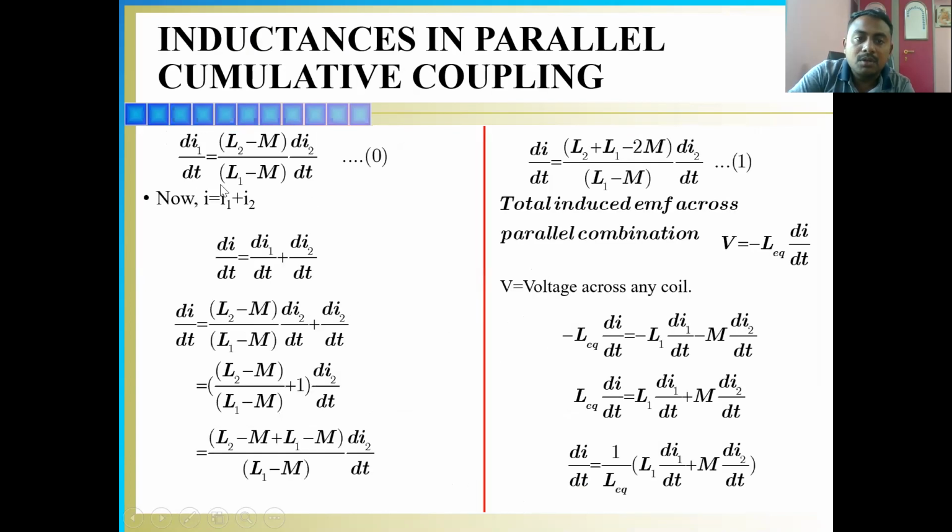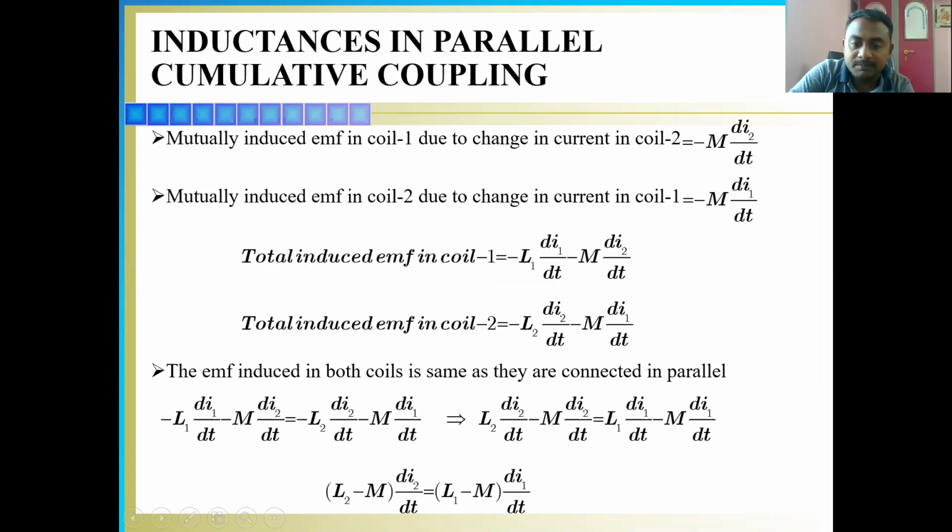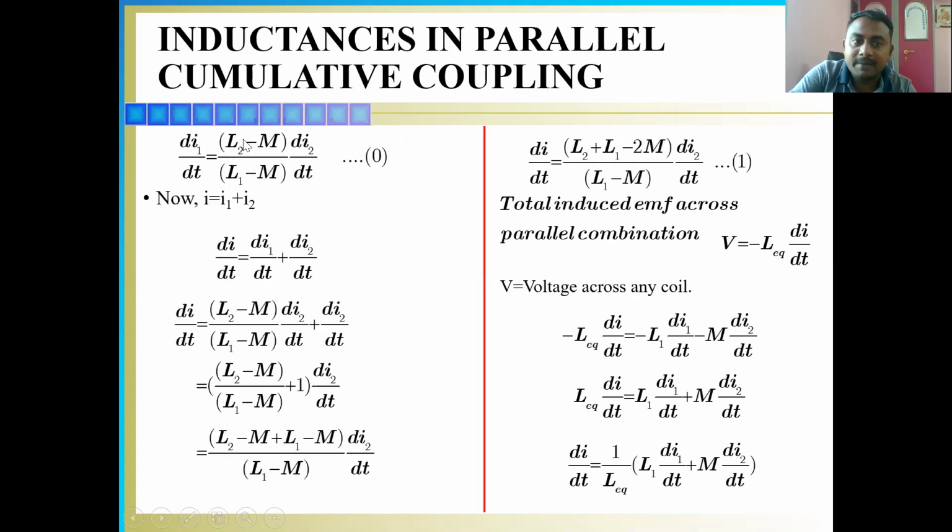So I write di1 by dt in terms of di2 by dt. Sending L1 minus M to the other side, we get di1 by dt as L2 minus M over L1 minus M, into di2 by dt. In parallel, the total current I is the sum of I1 plus I2.